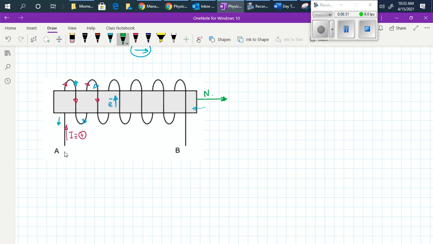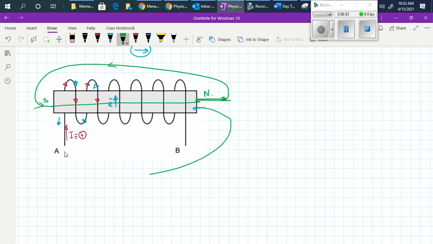And now since the magnetic field lines are closed loops, south will be on the other side of the block, and we will continue with continuous lines here. So south will be here. The same thing in here.